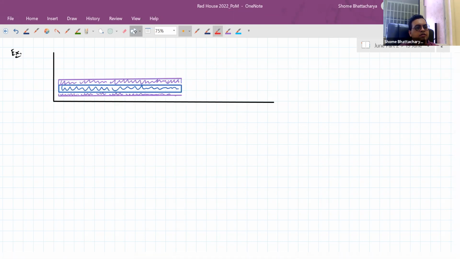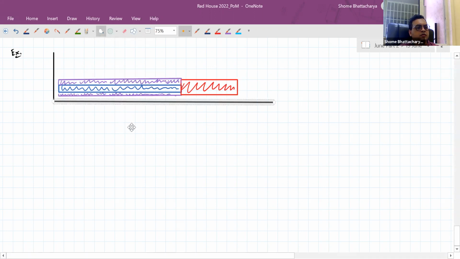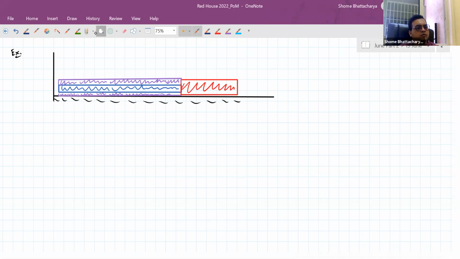And then that is also against another material like this. So this combination is on the floor against a rigid wall like this.